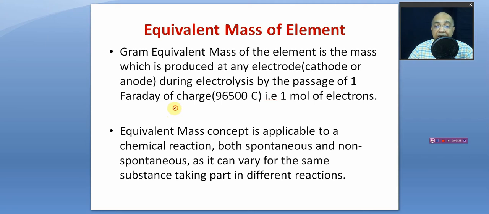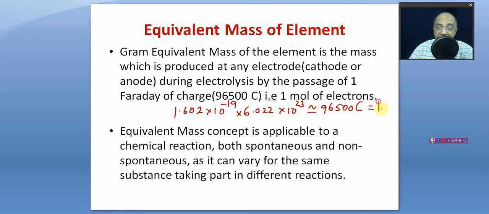If 1 electron has a charge equal to 1.602 × 10 to the power minus 19 coulomb, then 1 mole of electrons will have a total charge which, approximated to the nearest 500, will be 96,500 coulomb, and that is the bigger unit of charge, that is Faraday.